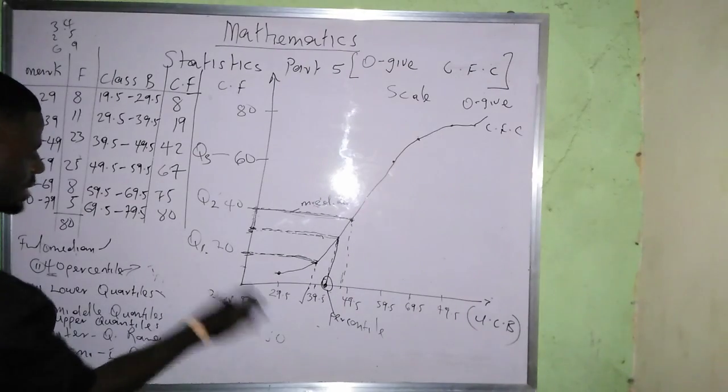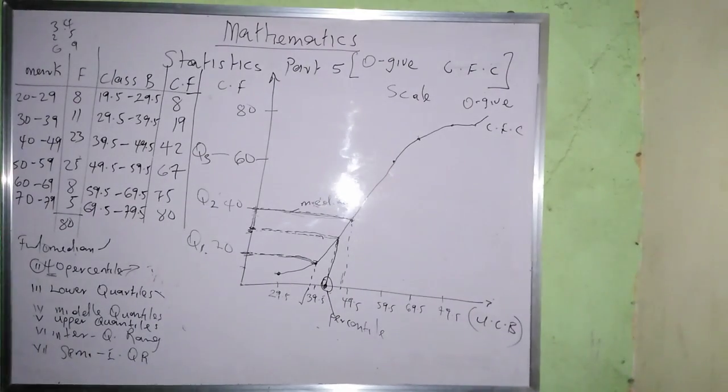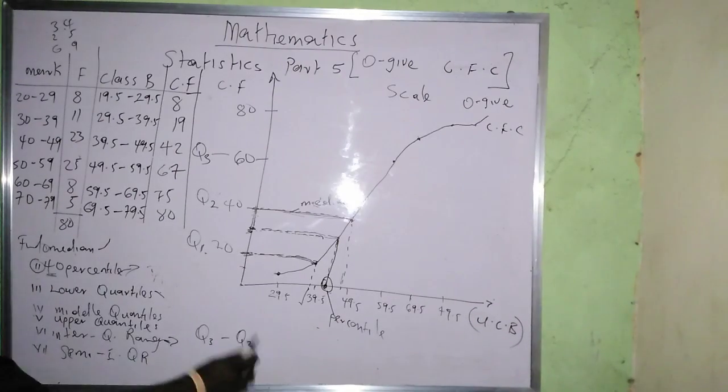Now, the next one is the interquartile range. My interquartile range is always equal to my Q3 minus Q1.